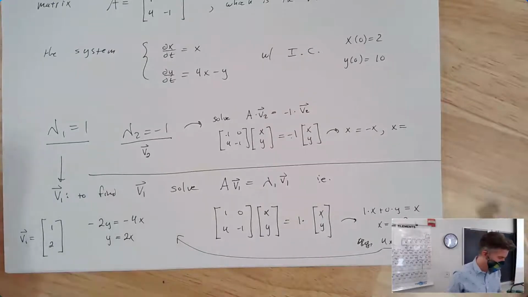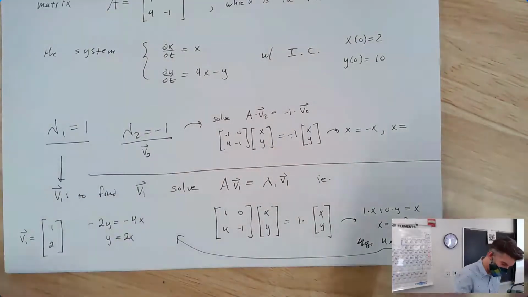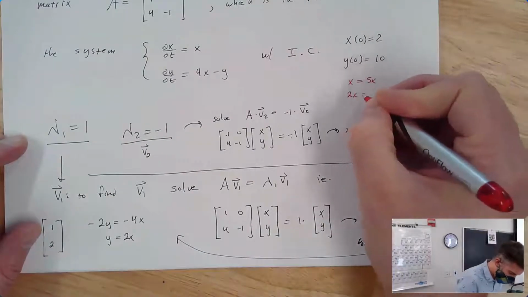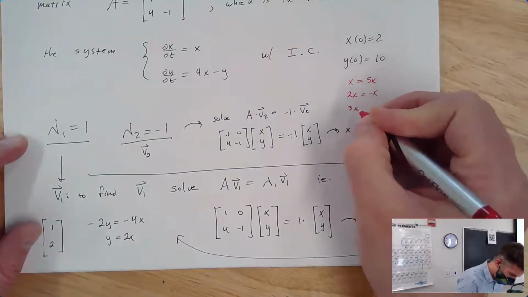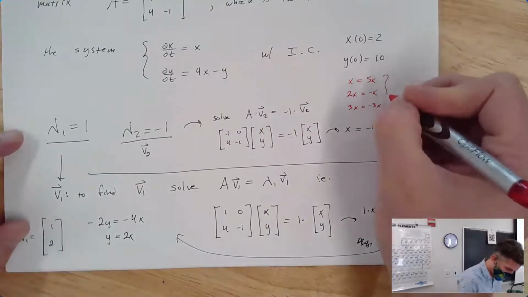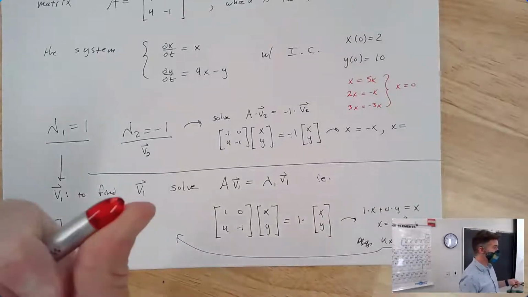So just as an aside here, oh my gosh, can I grab a pen? Maybe. If you see an equation like x equal to 5x, or 2x equal to -x, or 3x equal to -3x, all of these are going to result in x equal to 0. Because the only number that's a different multiple of itself is 0.